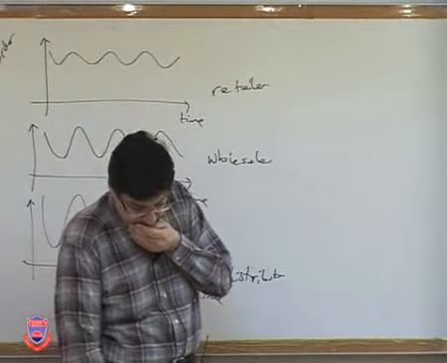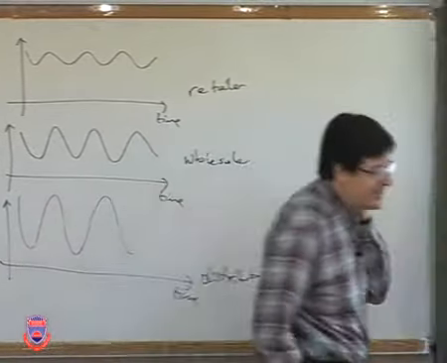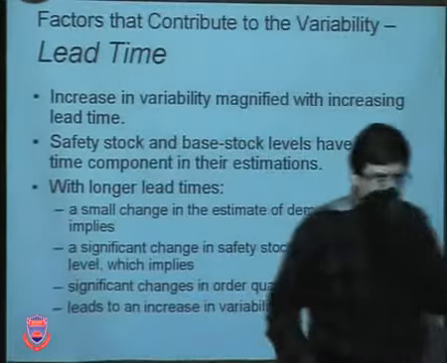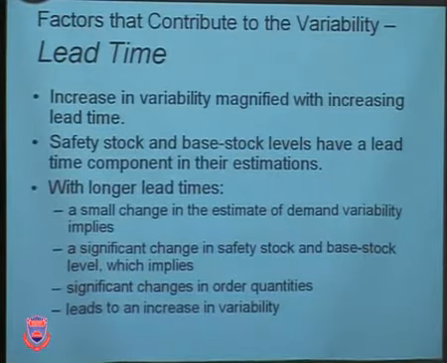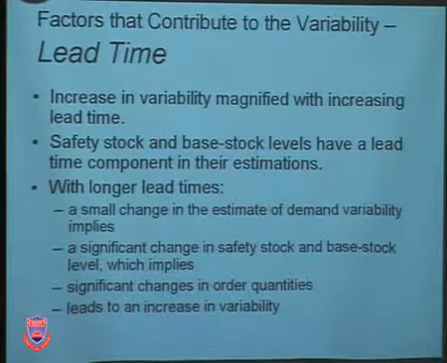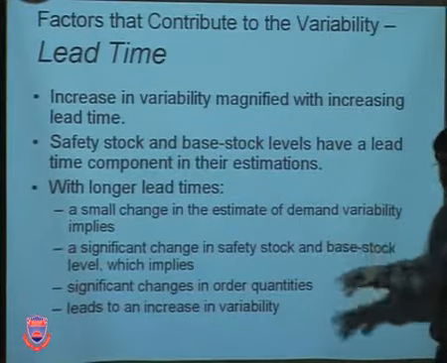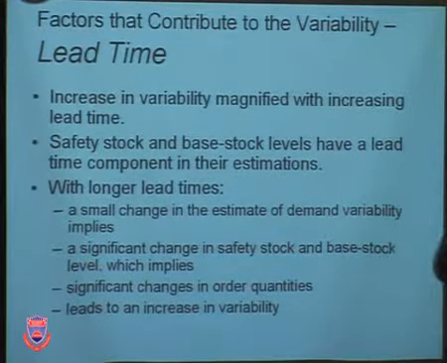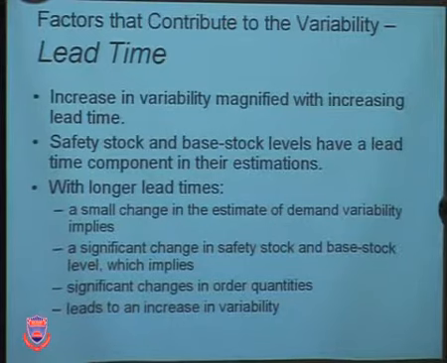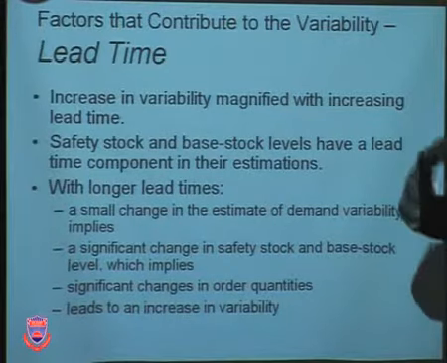Now, the second one is the lead time. Of course, you can see why the lead time is going to be important. If you have longer lead times, the demand variability is also going to change, because remember we have the variability over the lead time and the review period, and so on.